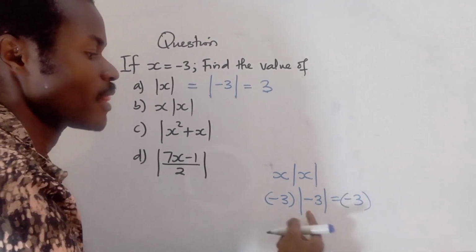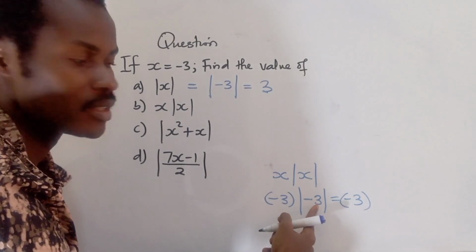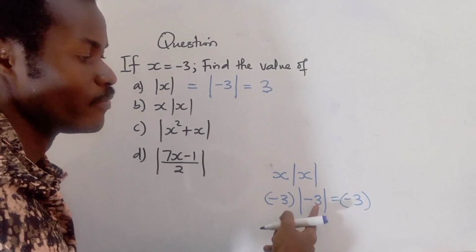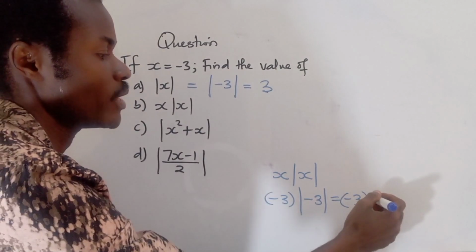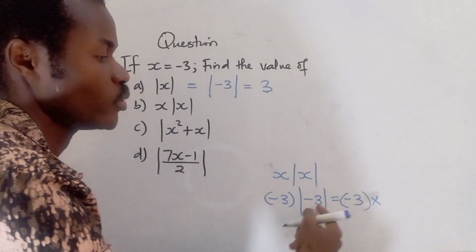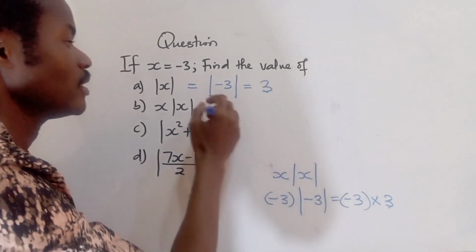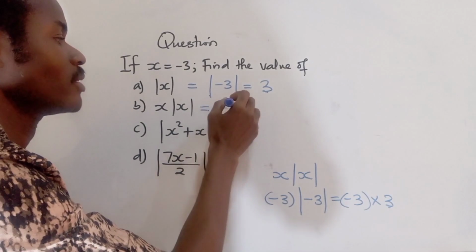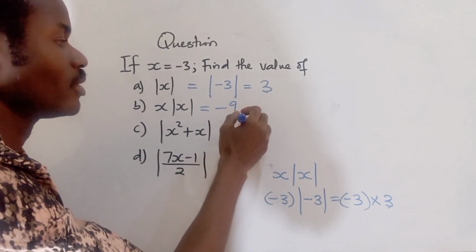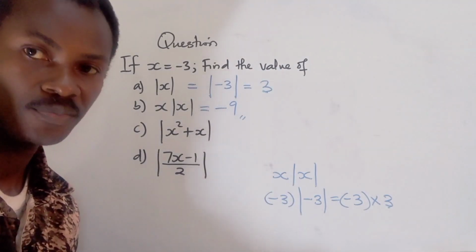The modulus of minus 3 is picking this value, ignoring the sign, so it is 3. So minus 3 times 3 is going to give us minus 9. That gives us the solution for the second one.